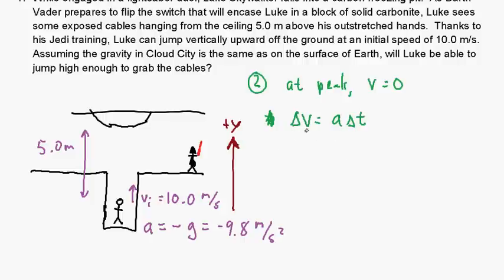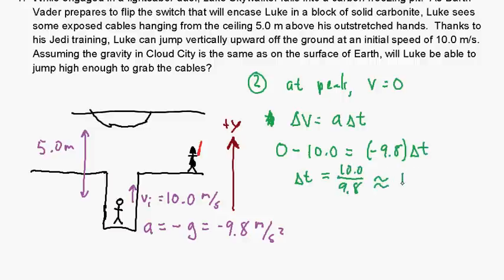So the final velocity would be 0, minus the initial, which was 10.0, equals acceleration, negative 9.8 because it's gravity, times delta t. The time it takes for Luke to reach the peak of his jump would be, the negatives cancel, 10.0 over 9.8, which is about 1.02 seconds.